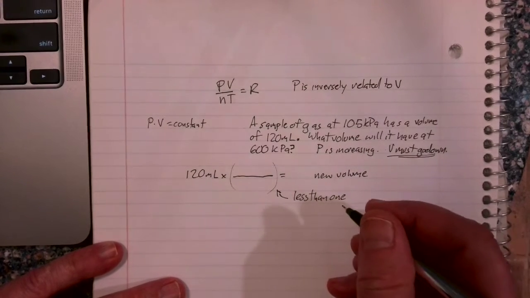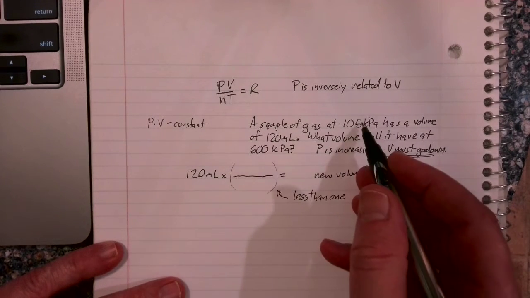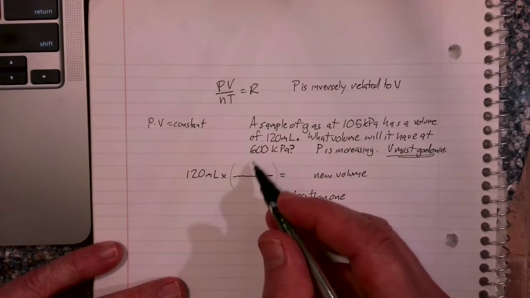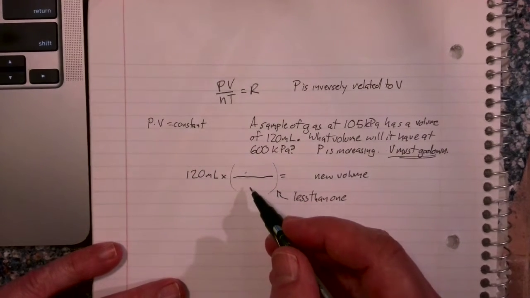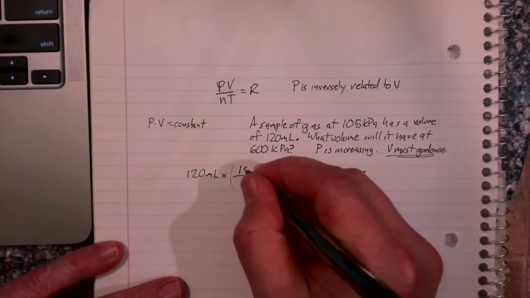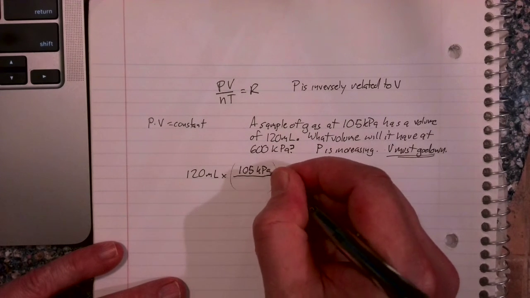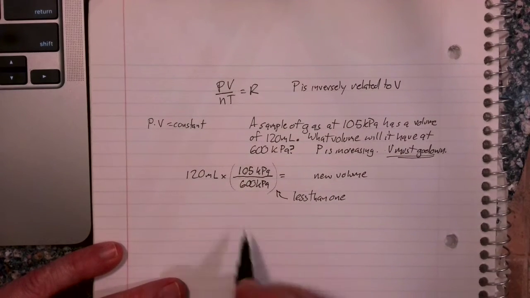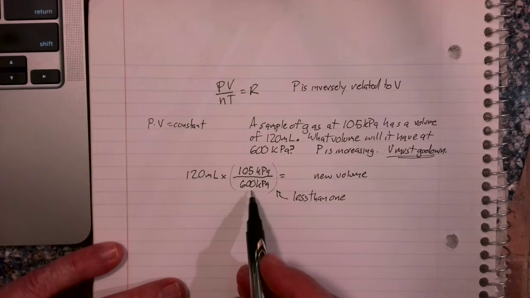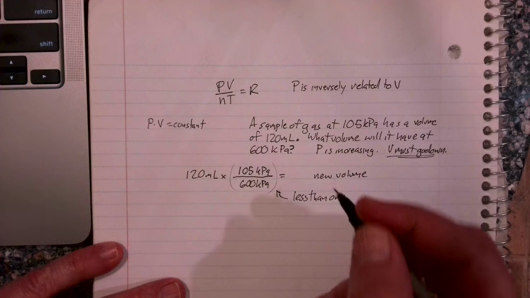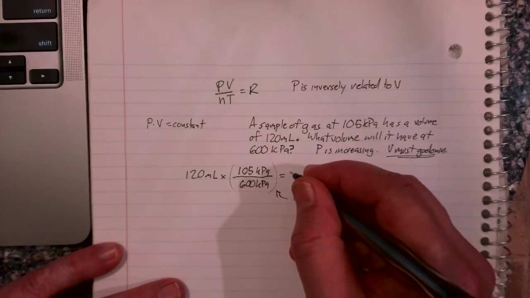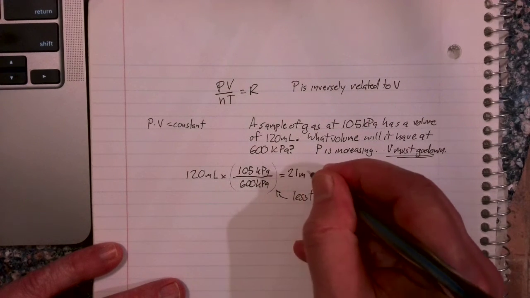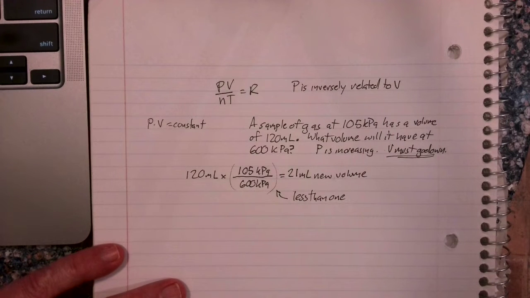We have 600 and 105. If I put 600 in the top and 105 in the bottom, I get a number bigger than 1. So instead, I'll put 105 kPa in the top, 600 kPa in the bottom, and now I've solved my problem. 120 times 105 over 600 is my new answer, and that would be, I guess, 21 milliliters.